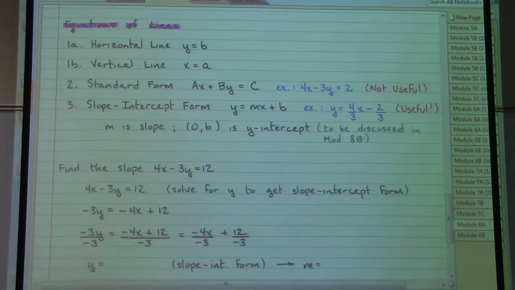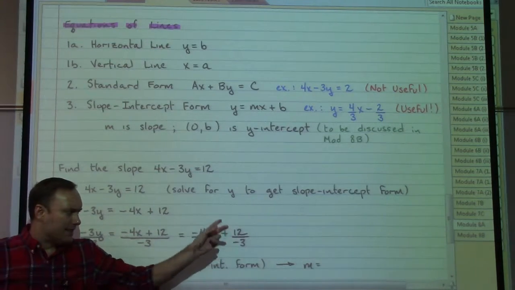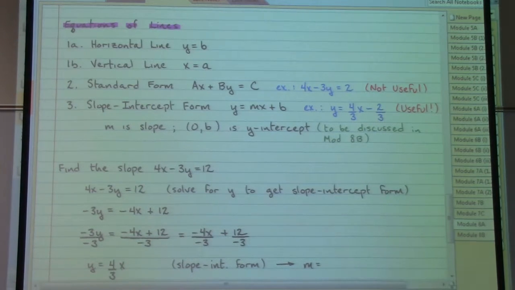Then this negative 4x over negative 3, well, negative divided by a negative is a positive. And we said that what we would want to have is the number stuff completely moved out in front of our x. So the 4 over 3 we're going to have completely and totally out in front of the x. And then at the end, after the x, what we get from doing that simplification work is a negative 4, or we could say a minus 4.